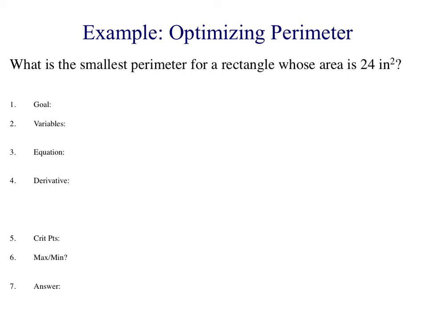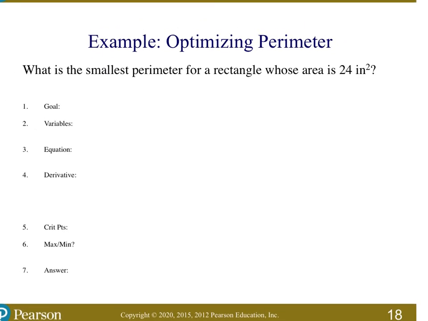Okay, here's another one with perimeter. What is the smallest perimeter for a rectangle? Now we're on smallest, whose area is already 24 inches. All right, the smallest perimeter. So that's my goal, minimum perimeter. My variables are not necessarily on a coordinate axis this time.